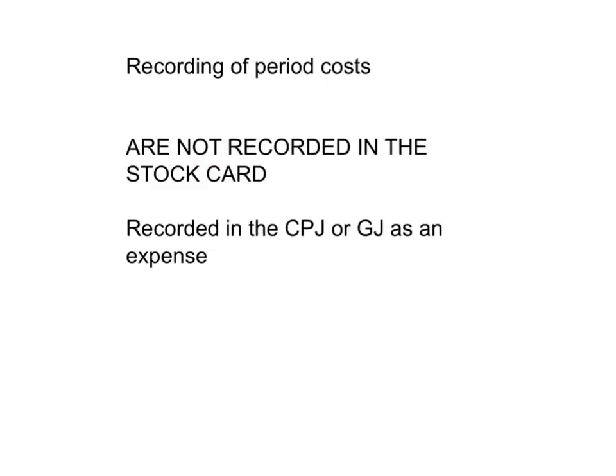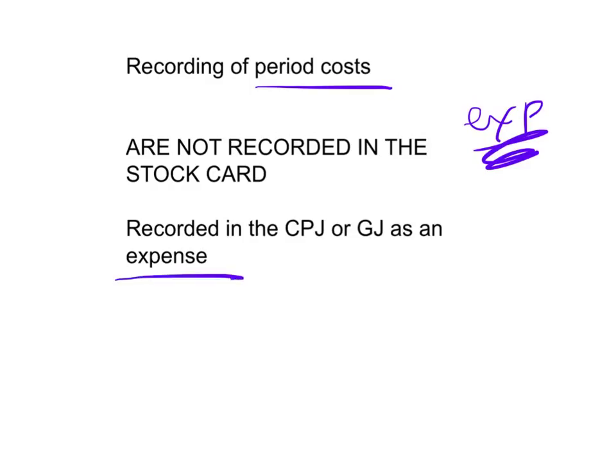So in terms of recording the information, the first thing to make sure you're clear on, it doesn't go in the stock card. It doesn't go in the stock card because we're dealing with an expense. It's not an asset. It's not increasing the value of the asset when we're using the period cost method. So it's got nothing to do with the stock card.